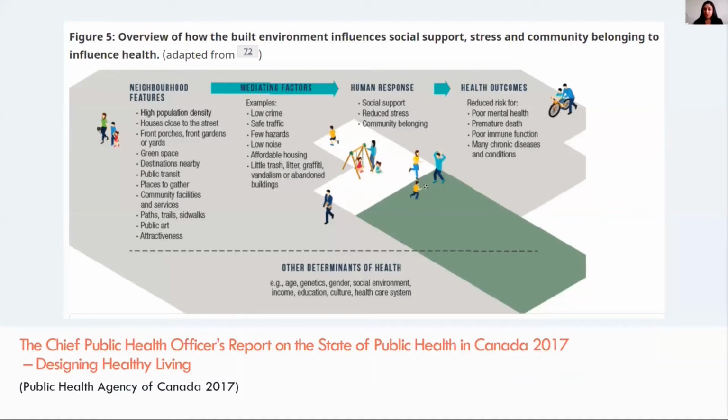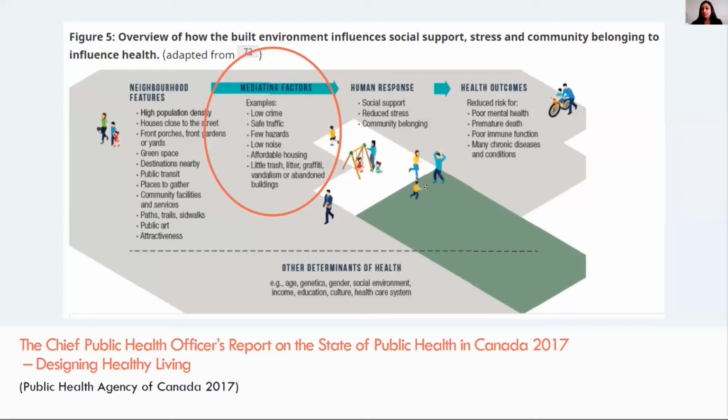So I want to point out two contextual pieces here. So the first is that there are mediating or intermediary factors that impact this relationship and can actually take away from social connection or social connectedness if not implemented properly.